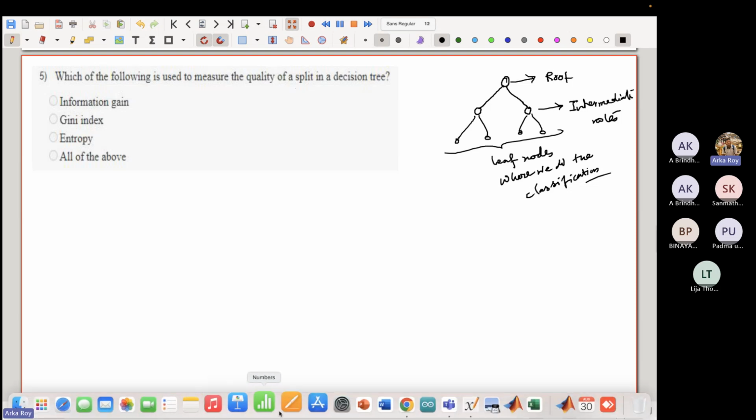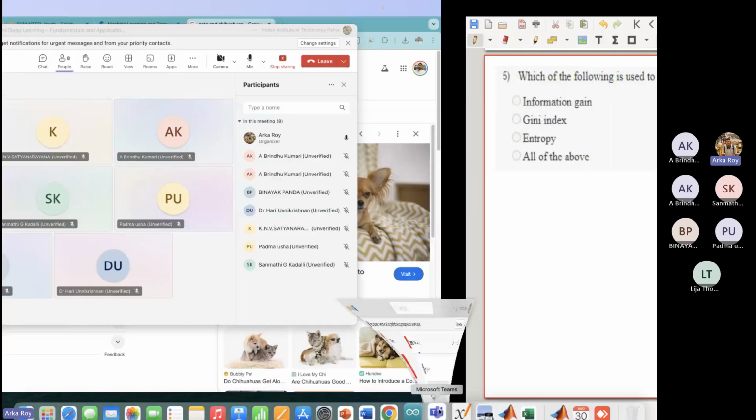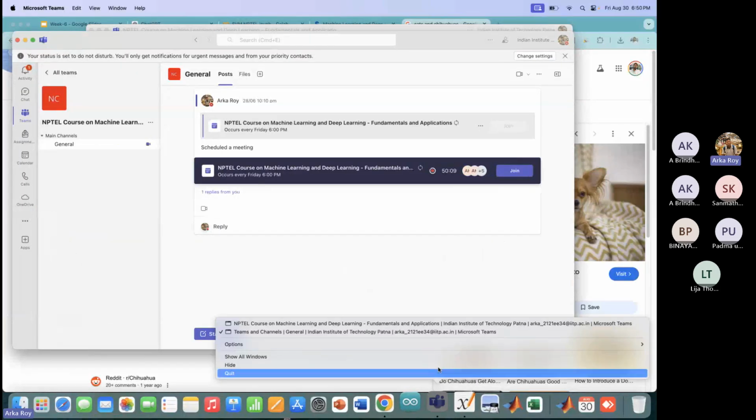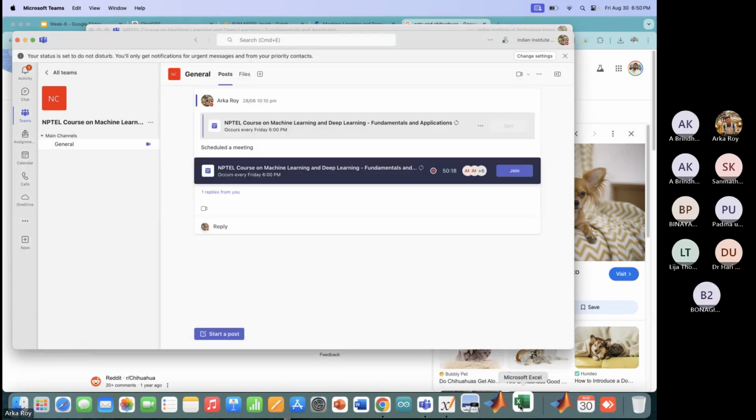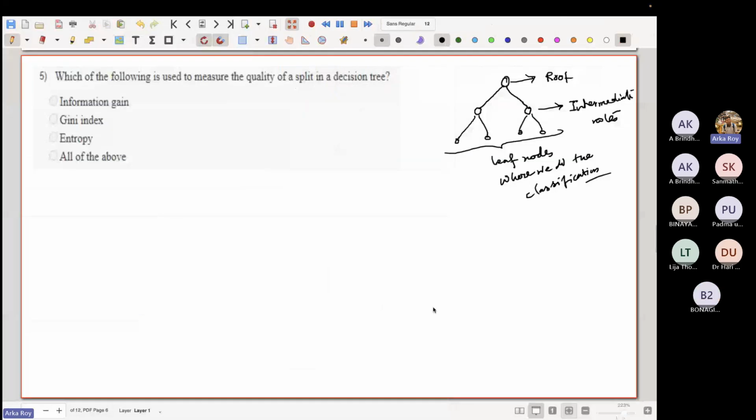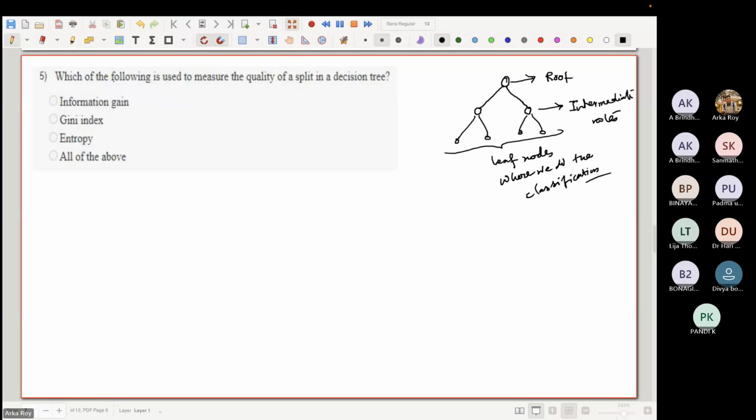Let us consider the problem at hand to be a classification problem. Now there are certain conditions when you do these sorts of splitting.